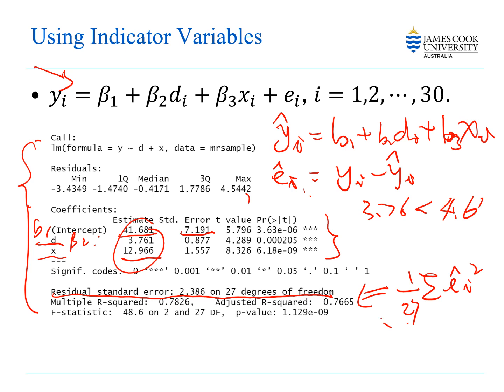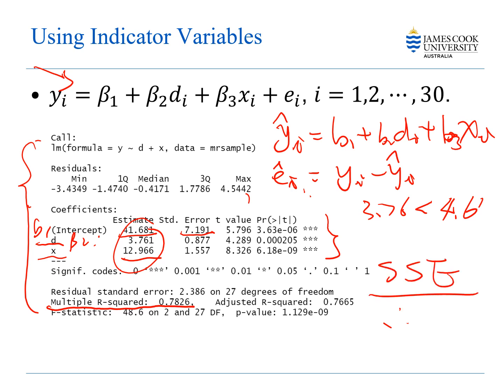Then we square root it. We get this standard error of the residuals. R squared. So the sum of squared errors divided by the sum of total variations, 1 minus this.